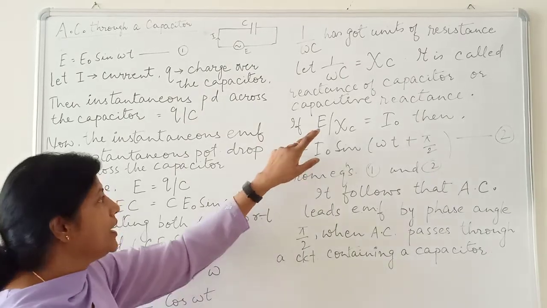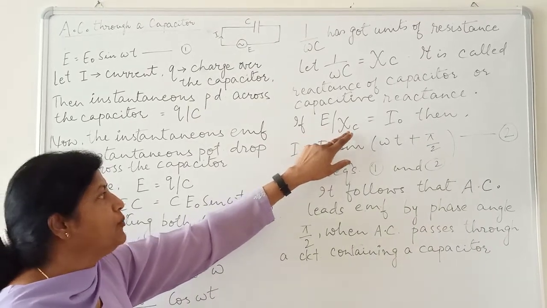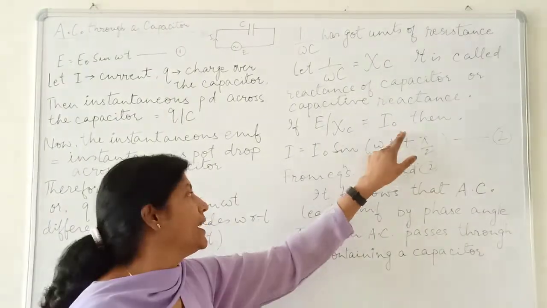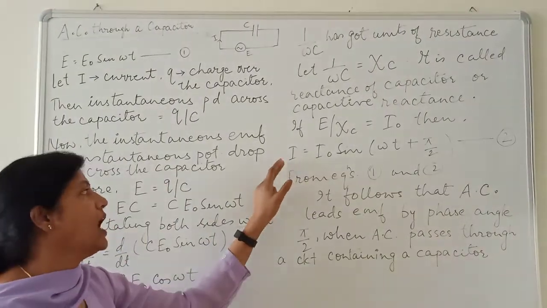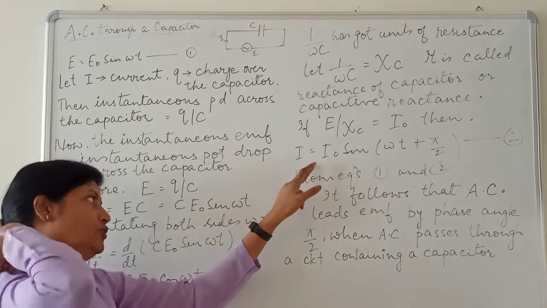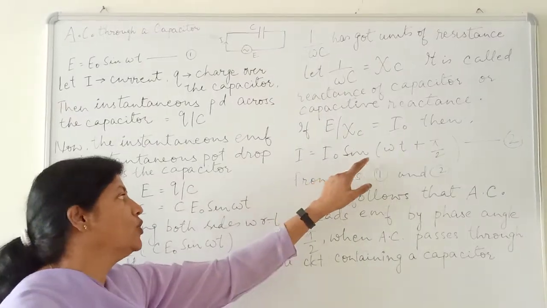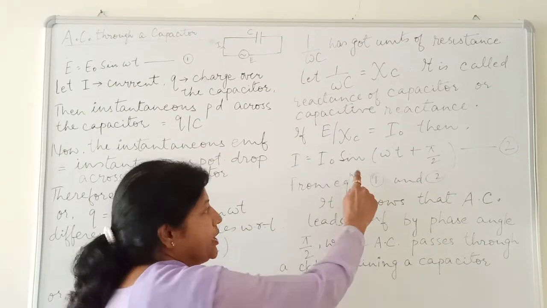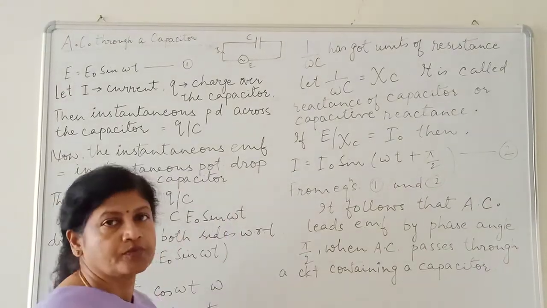Now, if E naught upon X C is equal to I naught, then we can write I is equal to I naught sine omega t plus pi by 2. Let it be equation number 2.